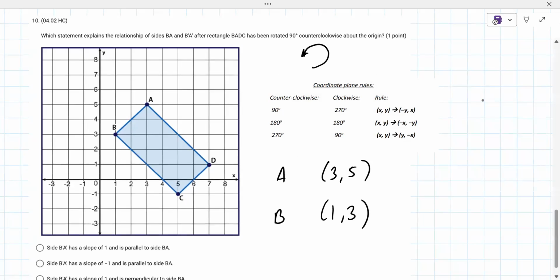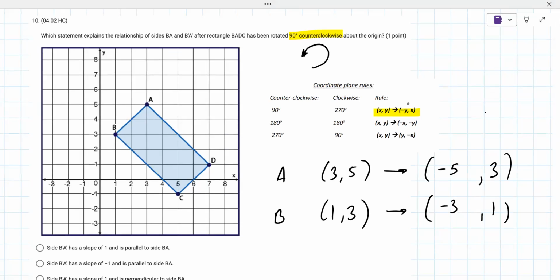You agree with that? Yeah. 90 degrees counterclockwise is this top right rule here. So what that means is your original pairs (x, y) go to, well, the x value becomes the y, and the y value gets negated and becomes the x.